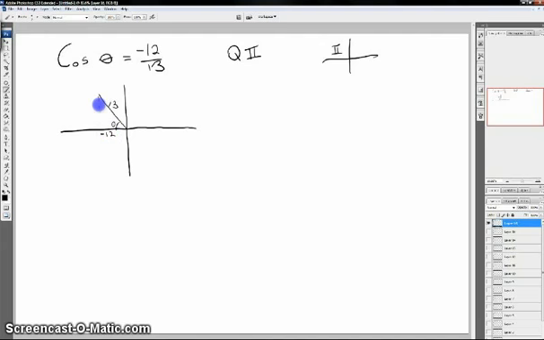Okay. I can complete the triangle again by using Pythagorean's theorem. R is equal to the square root of x squared plus y squared. I already have R, it's 13. I have x, it's negative 12.